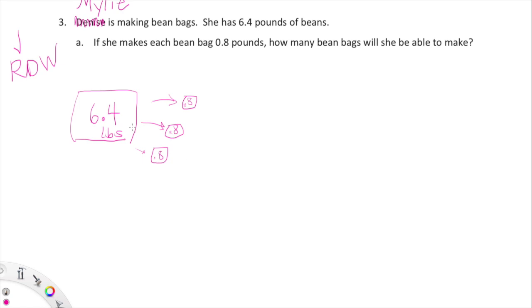So what we need to figure out is if 6.4 is going to be divided evenly into groups of 0.8, 8/10, how many bean bags can she make?